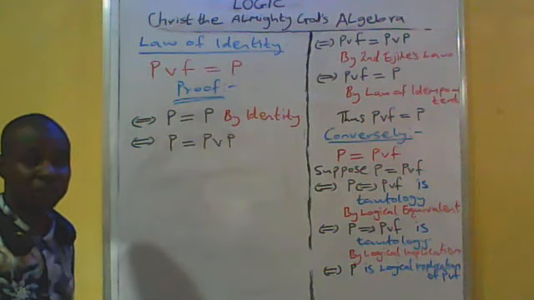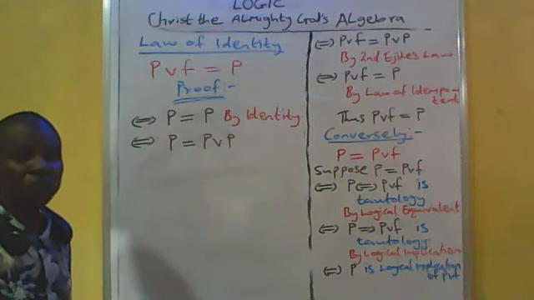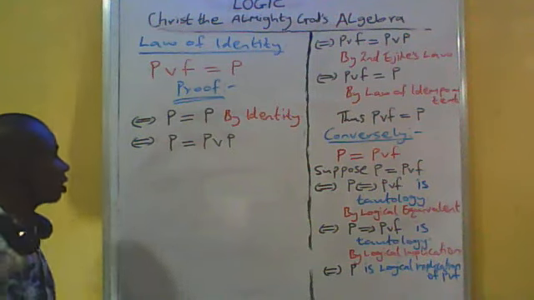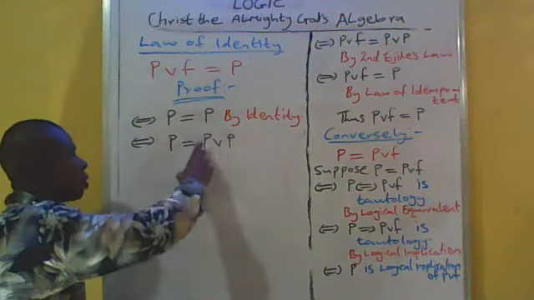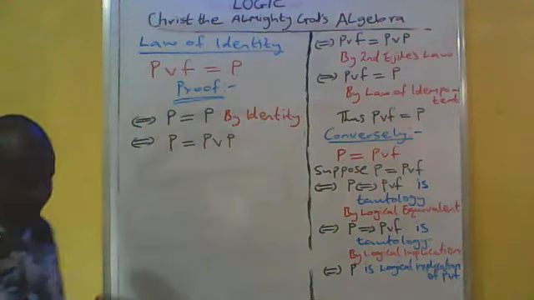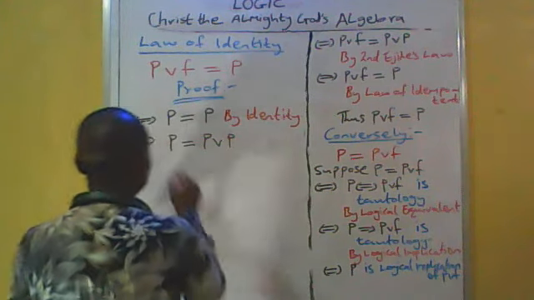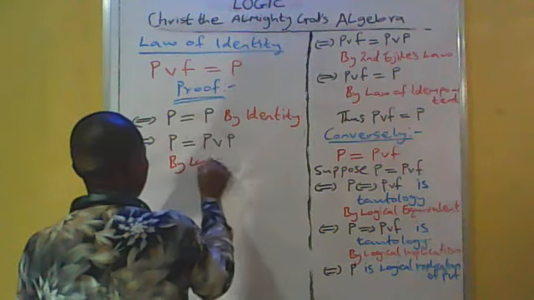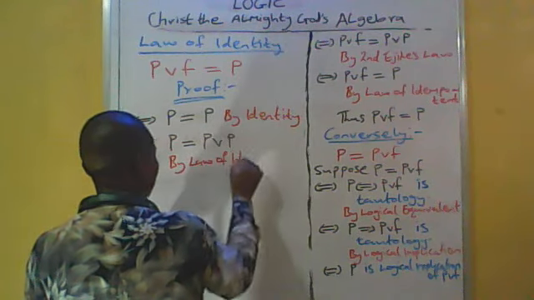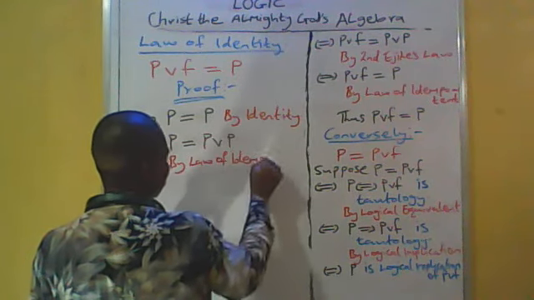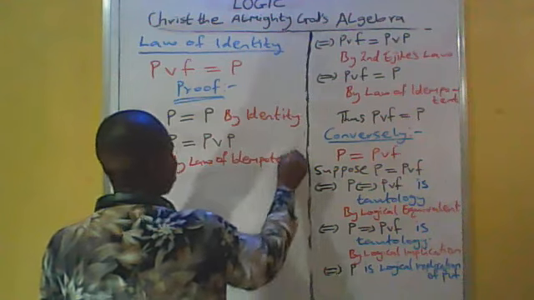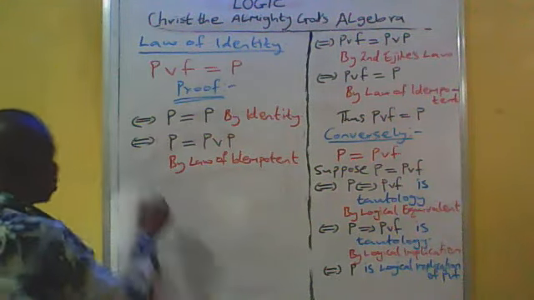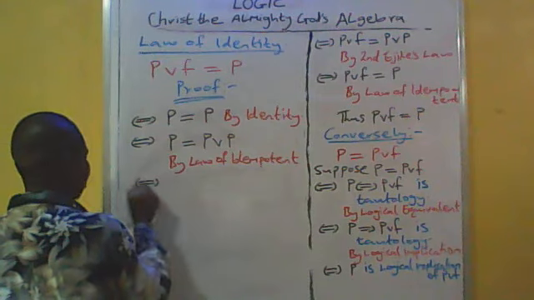So by law of idempotent, P is equal to P or P. That's why we substitute this P with P or P, being justified by law of idempotent.